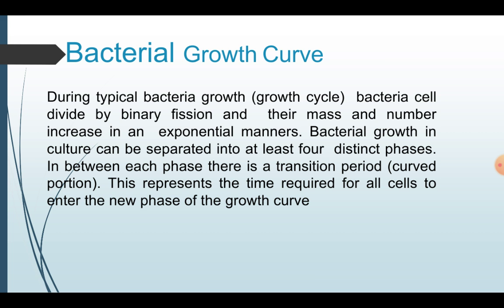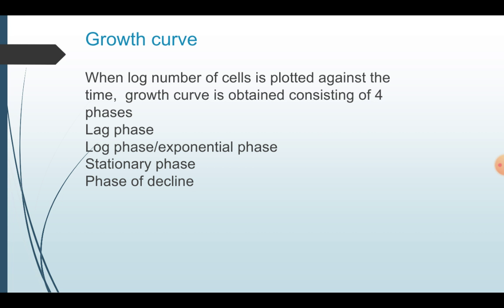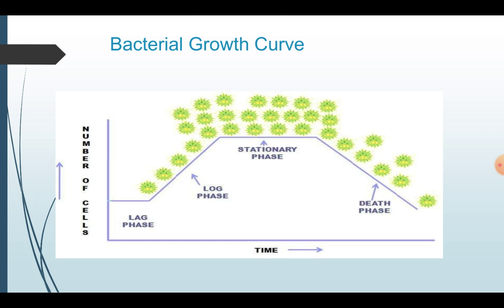T represents the time required for all cells to enter the new phase of the growth curve. When the log number of cells is plotted against time, a growth curve is obtained consisting of four phases: lag phase, log or exponential phase, stationary phase and phase of decline.